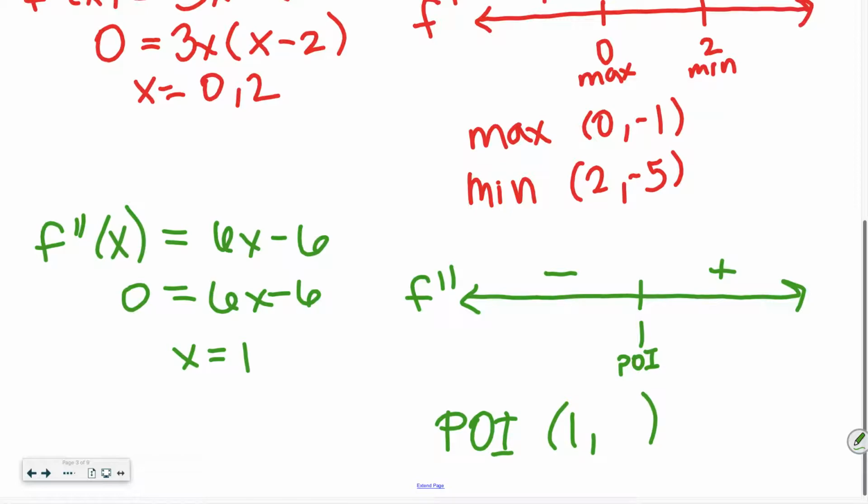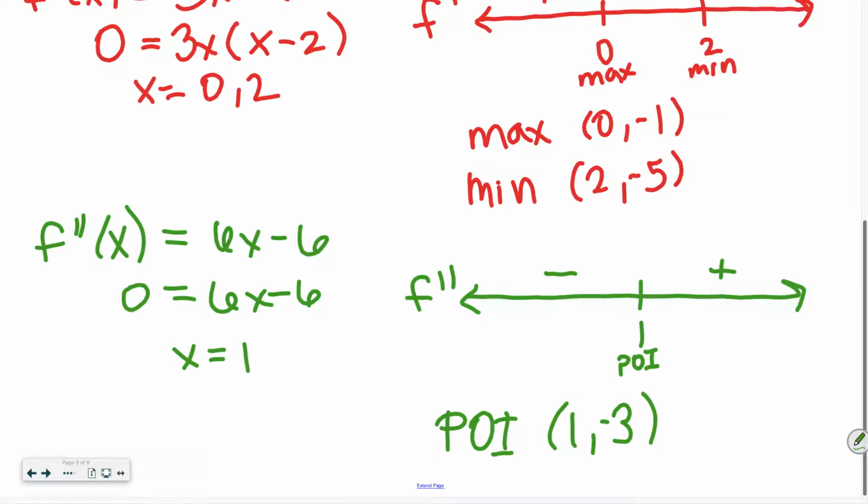We are going to have to plot that coordinate, so let's find the y value. Anytime we're talking about an actual coordinate, we need the original function.